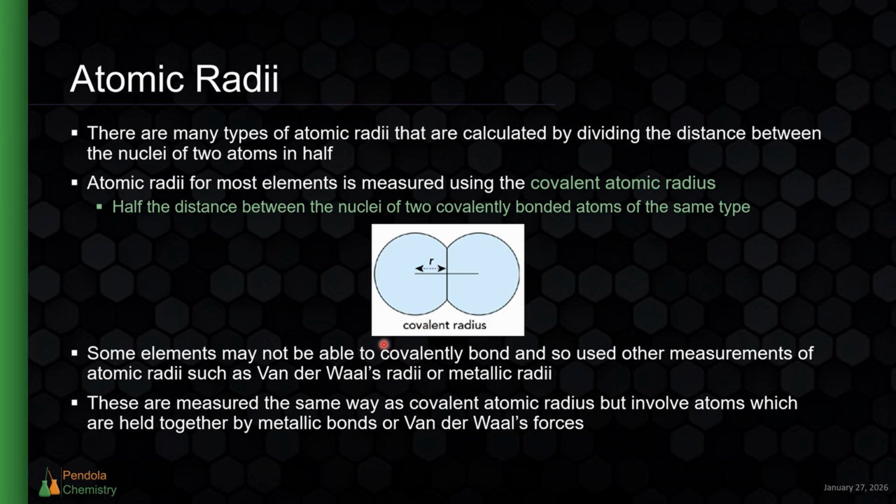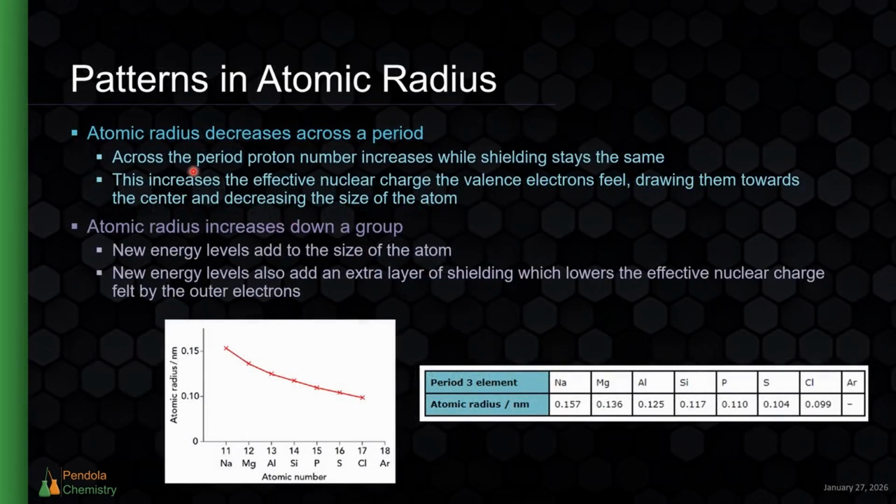So now that we got the definition out of the way, how does the atomic radii change across the periodic table? We discussed this earlier in the year in a prior chapter, but patterns of atomic radius are very straightforward, and they are going to be dictated by the same basic properties that we talked about in, I believe, chapter 3.